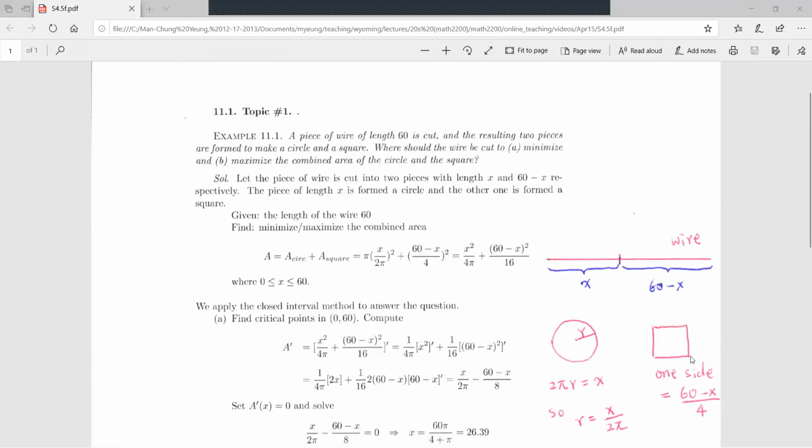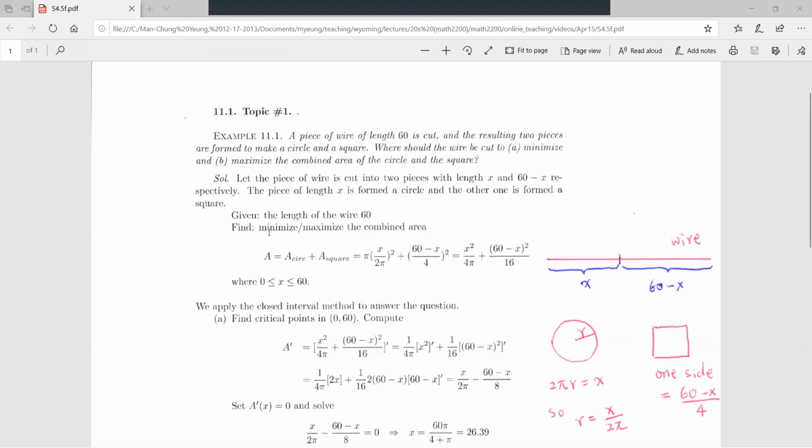The perimeter of this square is 60 minus X. So one side of this square is (60 minus X) divided by 4. Okay, now with this information, we can tell the combined area.